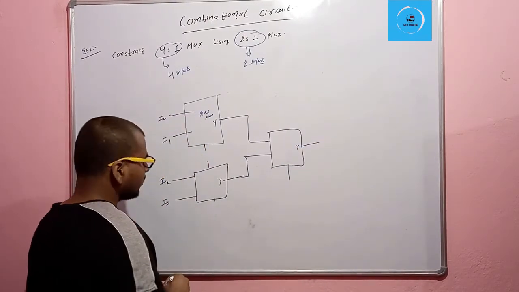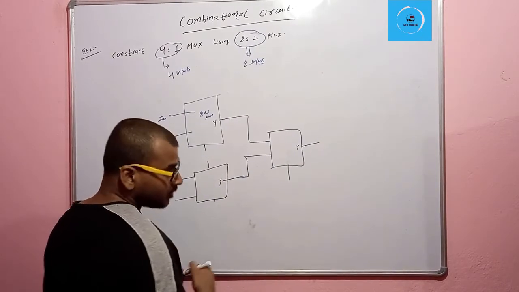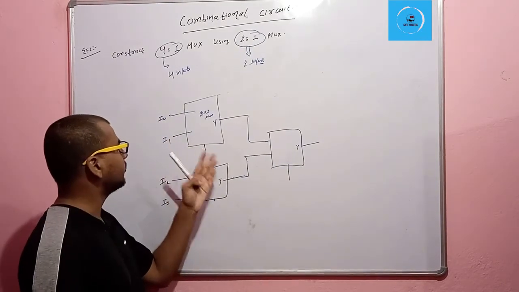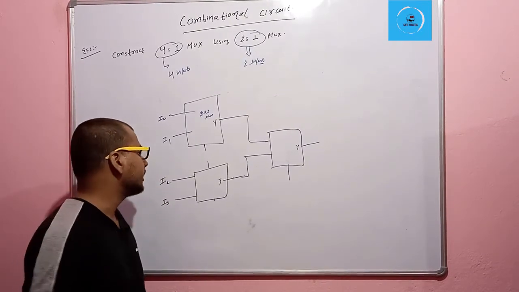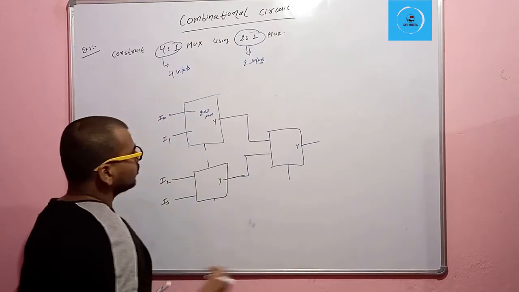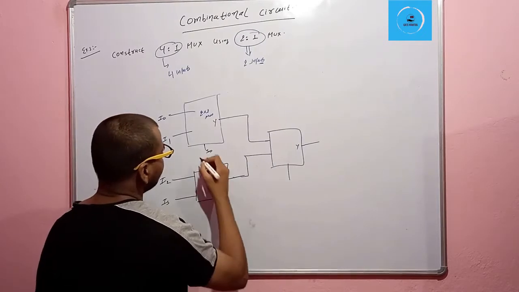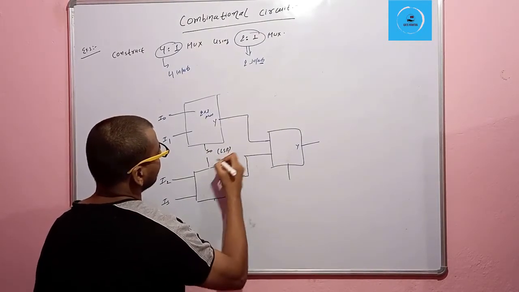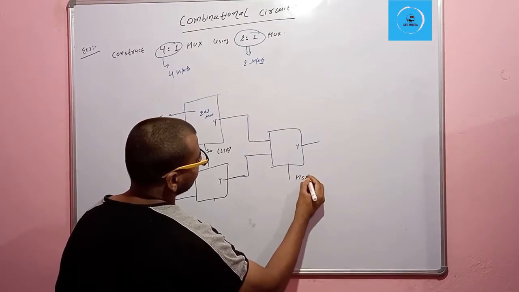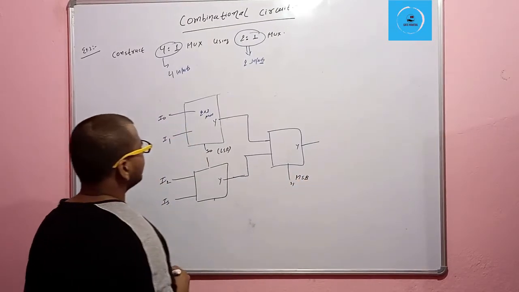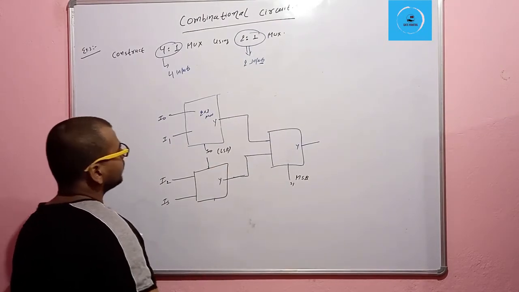So where should we give the select signals? Where should we give the select signals? Here remember, we will provide the LSB, and here we will provide the MSB. Here we will provide the LSB, and here we will provide the MSB.